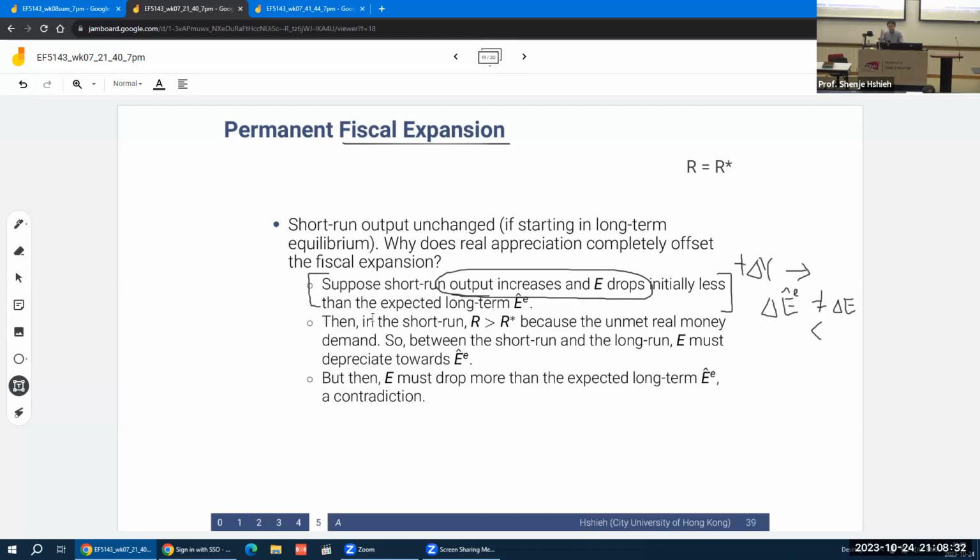So if the drop in expectations E^e is more severe than the actual drop in the spot exchange rate, then you're forced to conclude that E^e minus E is negative, right? Again, the reason is that the change in E^e is more negative compared to something that's less negative. So something that's more negative minus something that's less negative is going to give you a still negative answer, right?